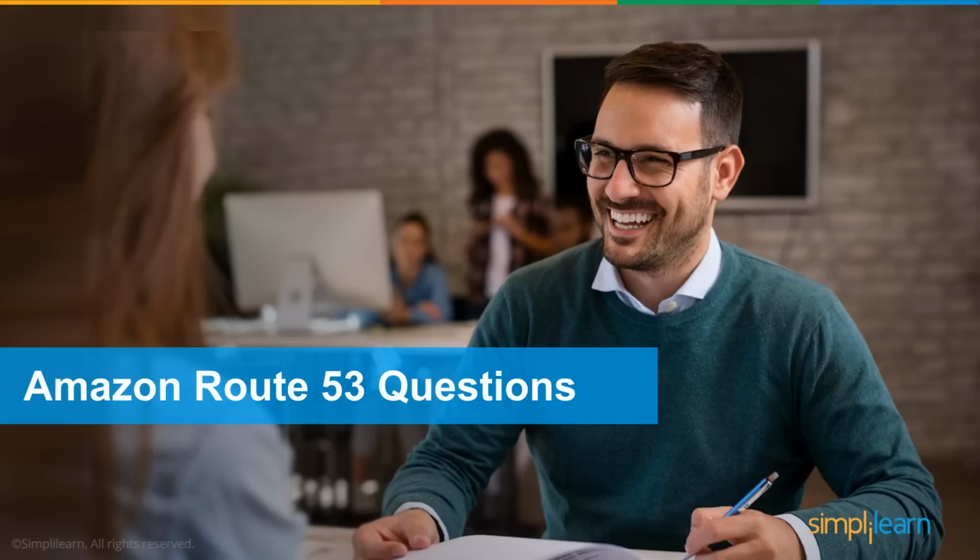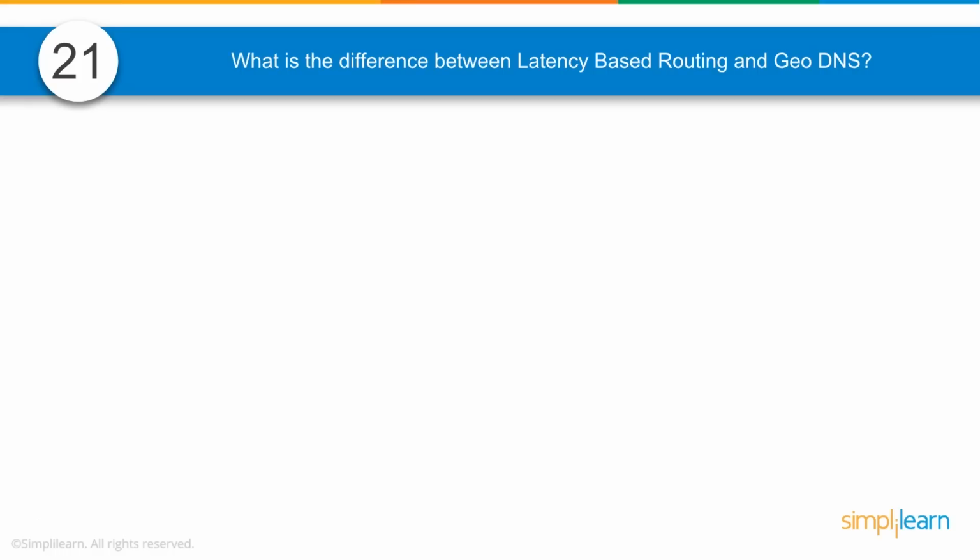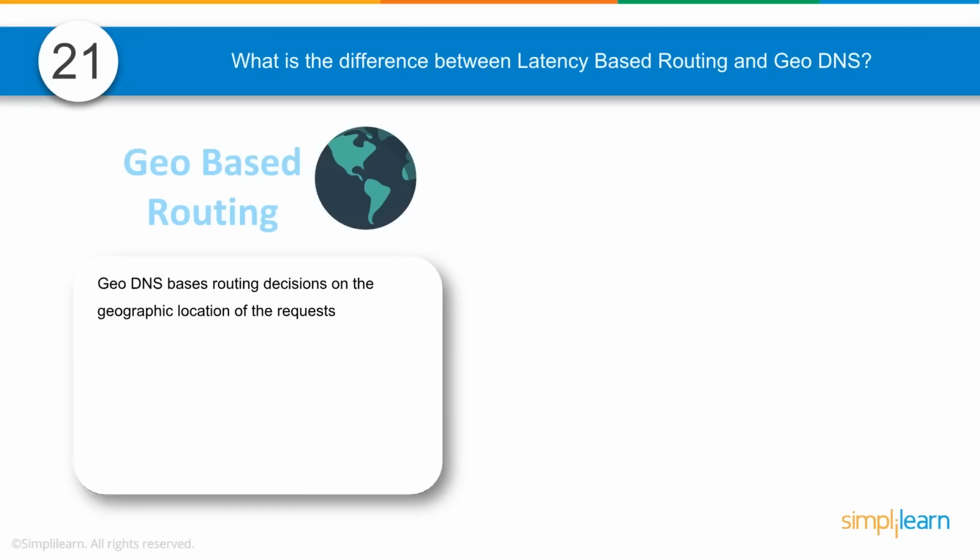Alright, let's now talk about some of the questions in Route 53. One classic question that could be asked in an interview is, what is the difference between latency based routing and GeoDNS or geo-based DNS routing?